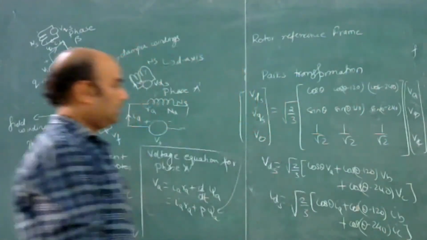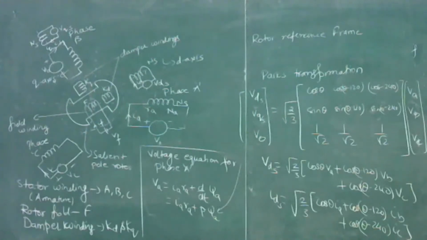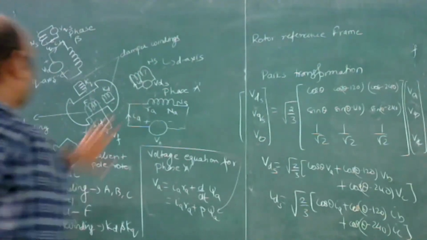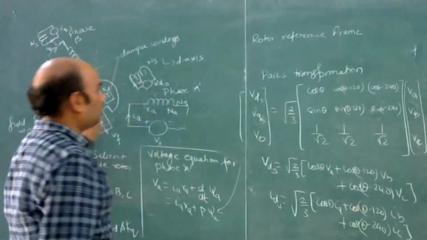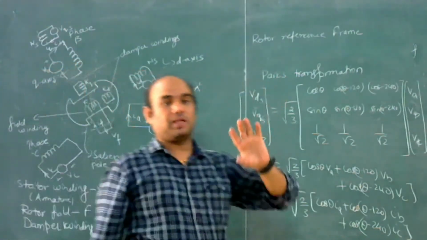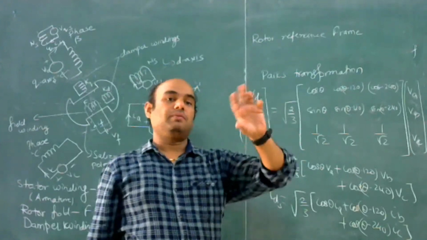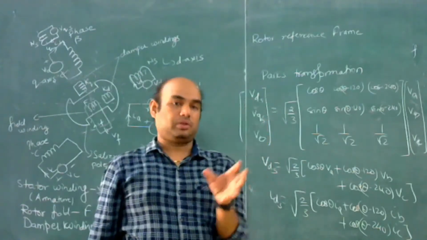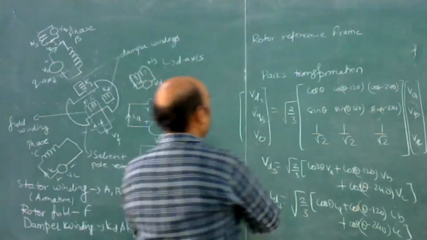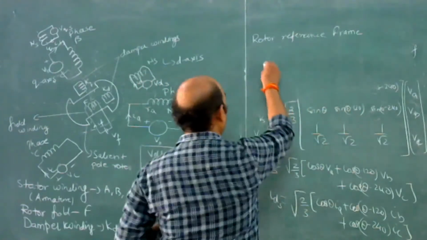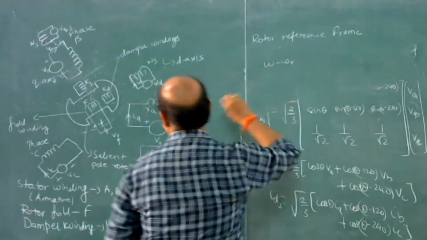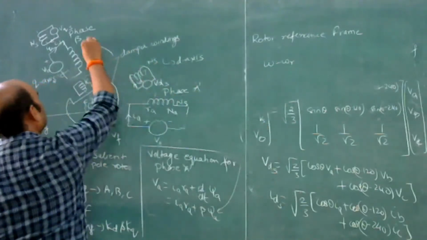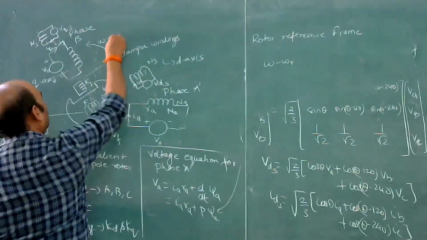In this, the frame is attached to the rotor, and this rotor reference frame is rotating with the speed of the rotor. So that means omega is equal to omega r. Okay, so it is moving with omega speed, which is equal to omega r.